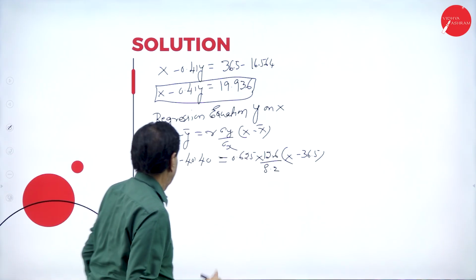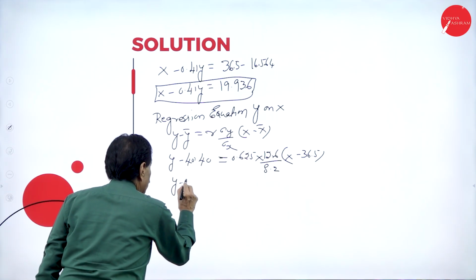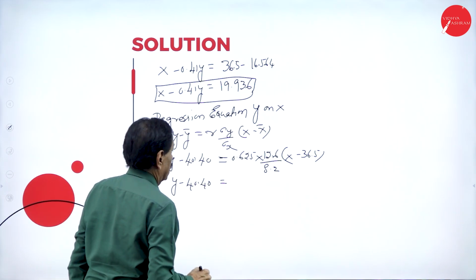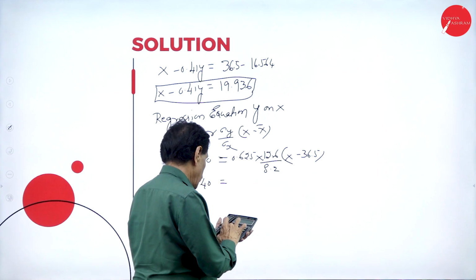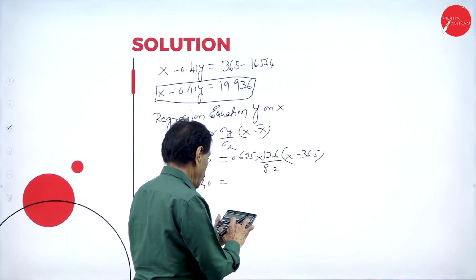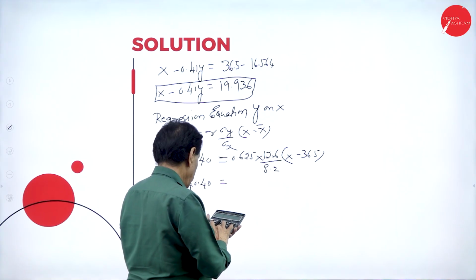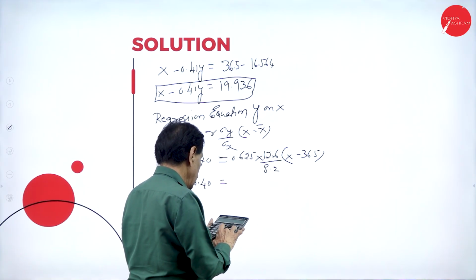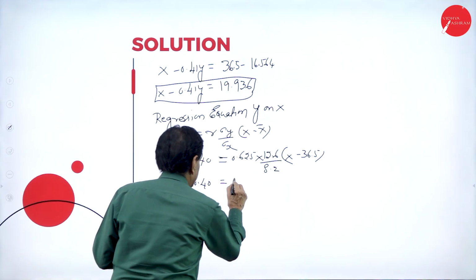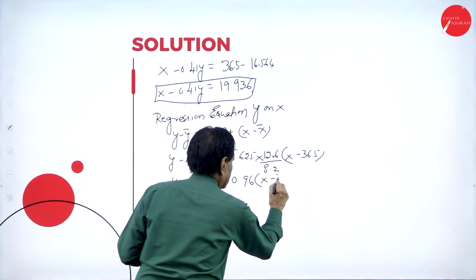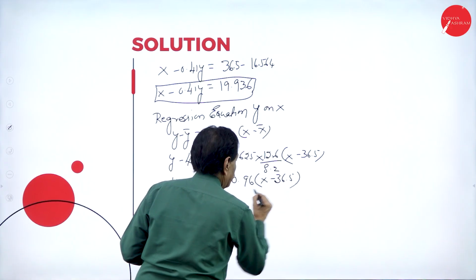Simplify. Y minus 40.40. Simplify this: 12.6 divided by 8.2 into 0.625 is 0.96, into x minus 36.5.